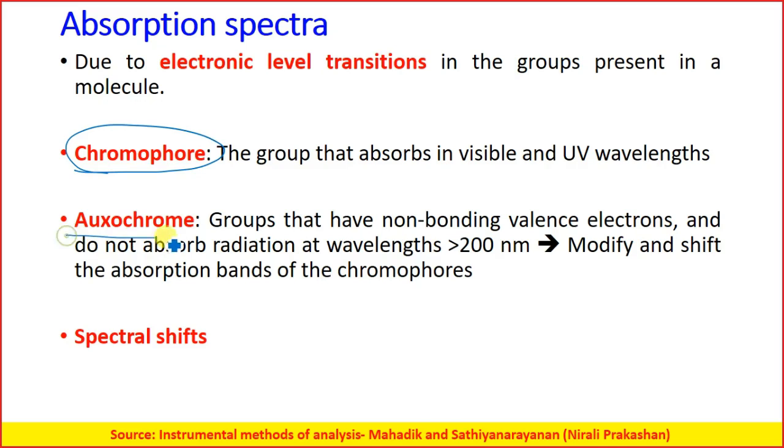Now it is not absorbing, but at the same time it is playing with the absorption spectra of the main polymer backbone. If you look into the monomer, you will find that it itself is not absorbing anything, but if you add it to the polymer, it is modulating the spectra of the polymer.